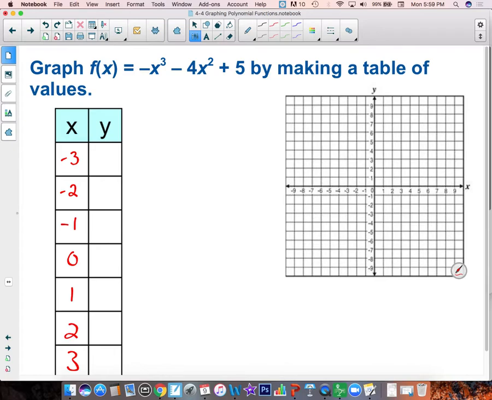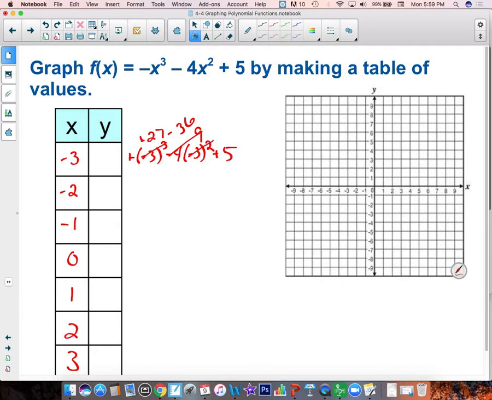So plugging in the first number, my -3, it's going to look like this. And you can enter that just like that in your calculator, and it'll get you the right answer. Okay, but you have to use the parentheses. Okay, so -3 cubed, that's going to give me a -27. But I have that negative out front, so it's a double negative, so 27. Okay, -3 squared for the second one there, that gives me a 9. -4 times 9, that's -36.